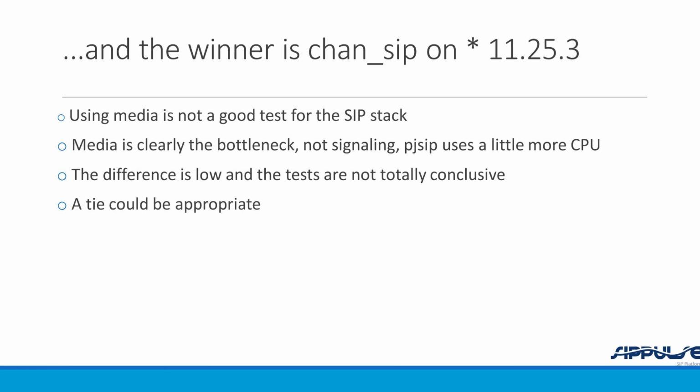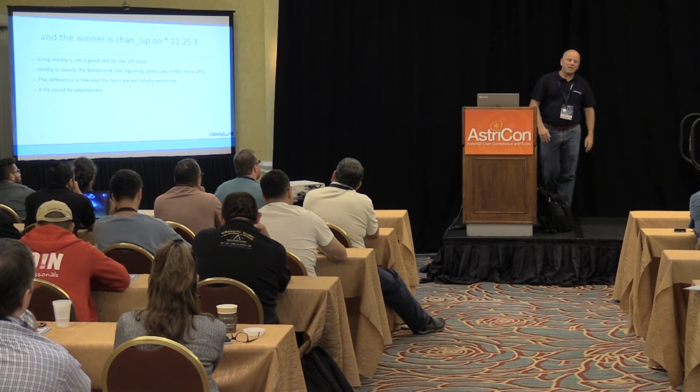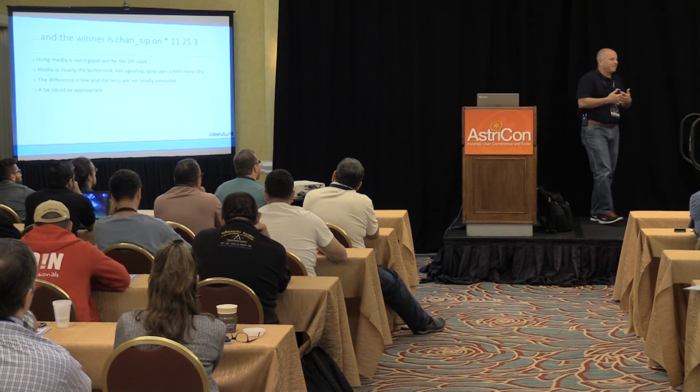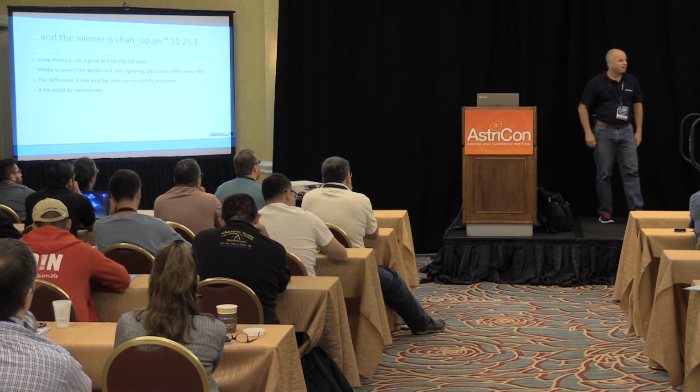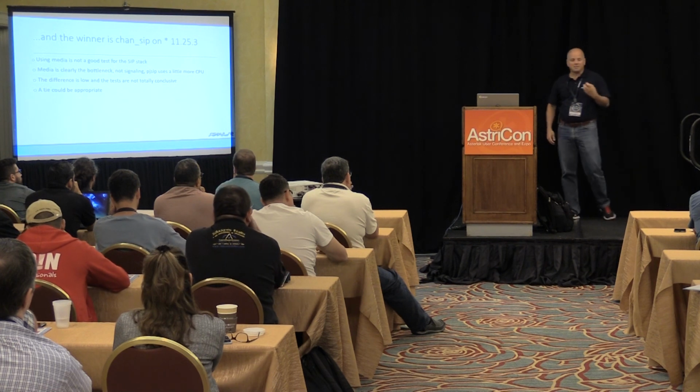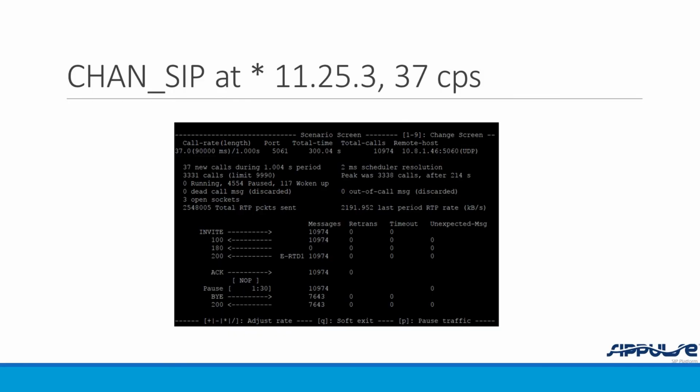If you do this test 3-4 times, you usually have 34 in one, 34, 35. It's almost a tie. It's more or less the same performance for one channel or the other. I think it's not statistically significant between one version or the other. So the winner here is SIPP at 1125.3, 37 CPS.